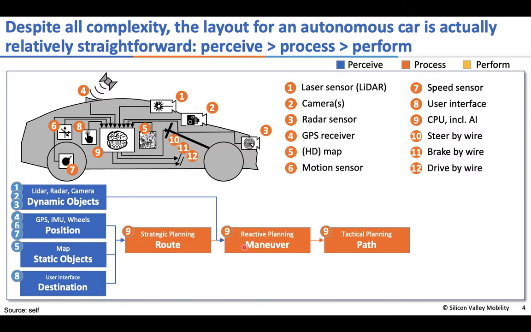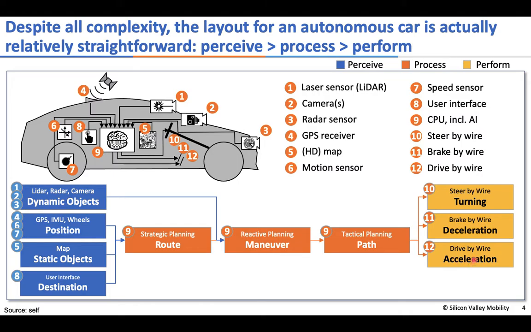And then basically, once you got all of that figured out, you can send your signals to electrified steering that basically every vehicle has today. Electrified braking, every vehicle has that today. And also the powertrain is basically electronically controlled so that you can just send those signals there and then you can go around an object, slow down for an object, or maybe accelerate to actually get to your destination.